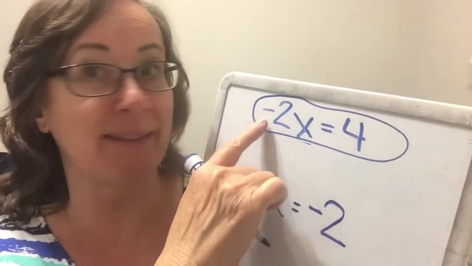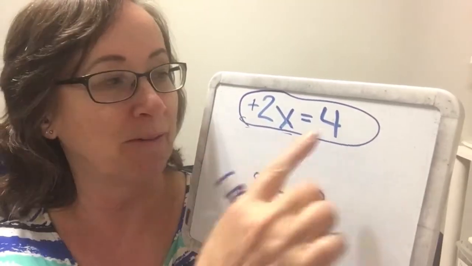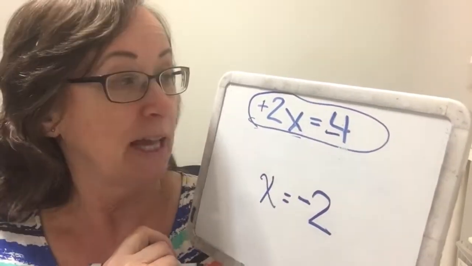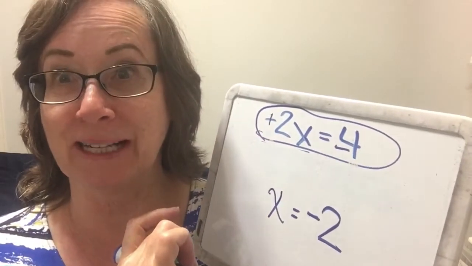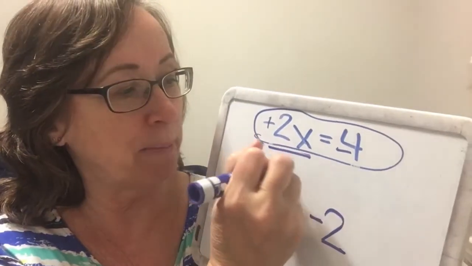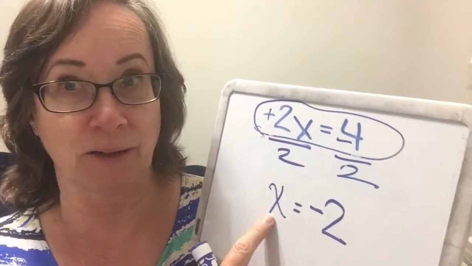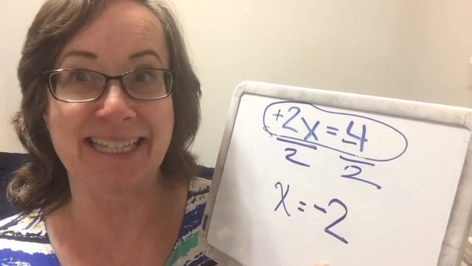If we multiply this side by a -1, then all of a sudden we have a +2. We multiply this side by a -1, we have a -4. So now we're dividing by 2 instead of -2. 2 divided by 2 is still 1, and -4 divided by 2 is -2.